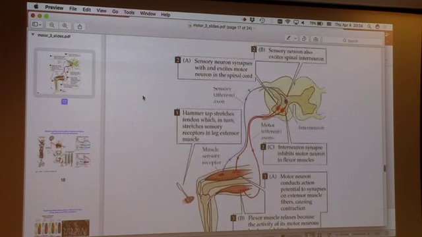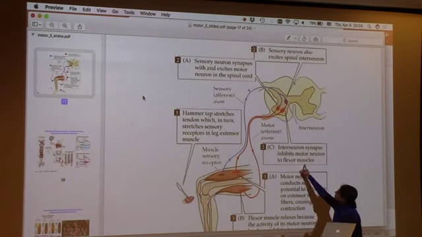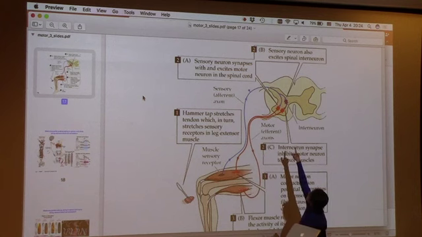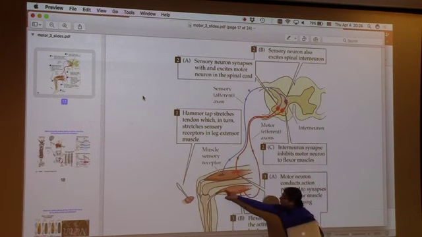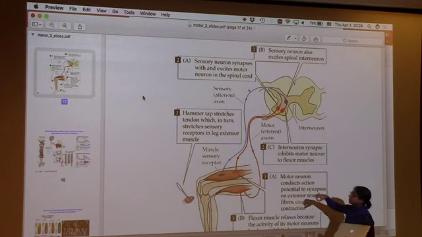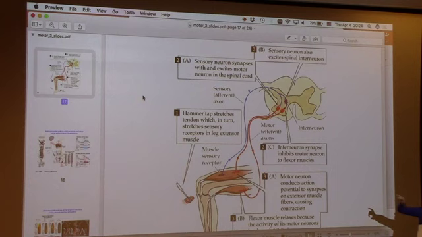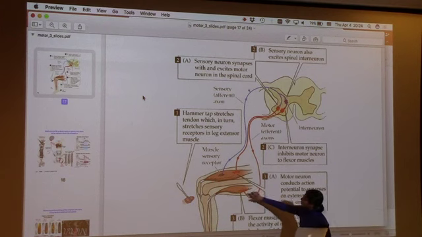Yeah, so in this one, you have the interneuron synapse that inhibits motor neurons, so that's the second pathway that you're going through the interneuron. So that's going to the opposite muscle. So if you want to contract a muscle, you need to inhibit the opposite muscle. So you have an excitatory input going to this muscle, and then you have inhibitory input going to the other muscle.